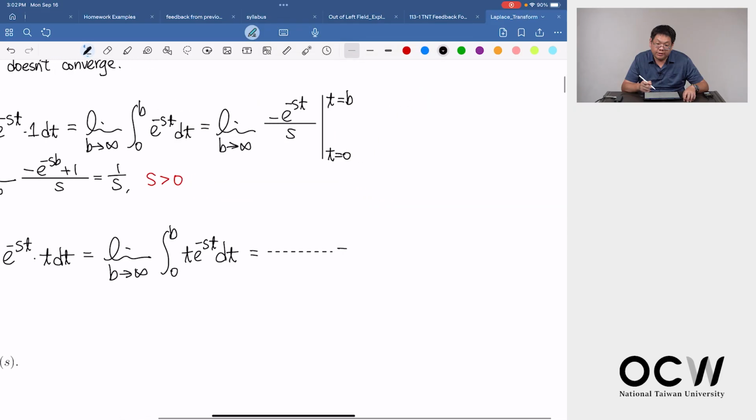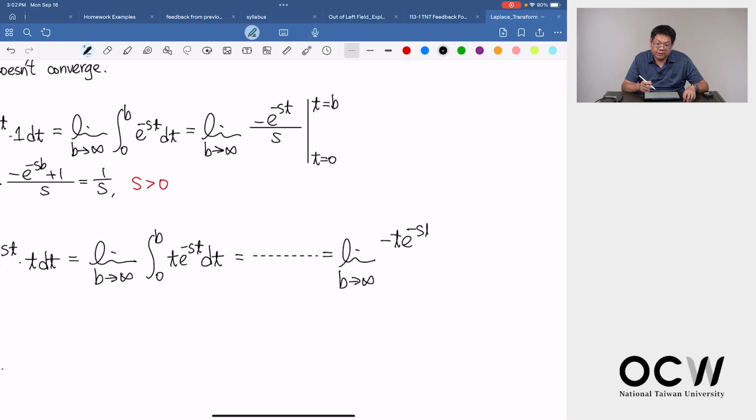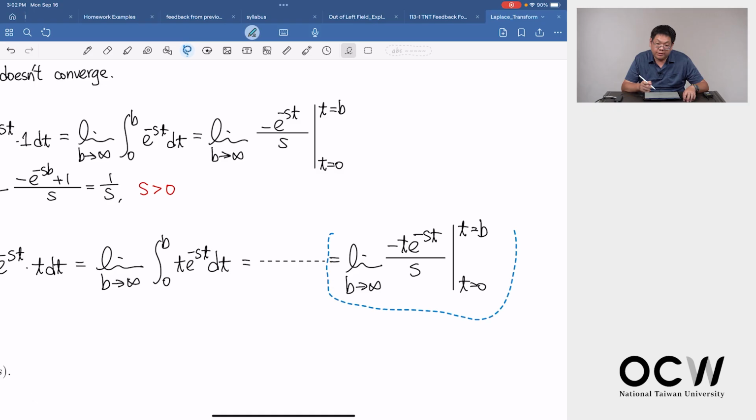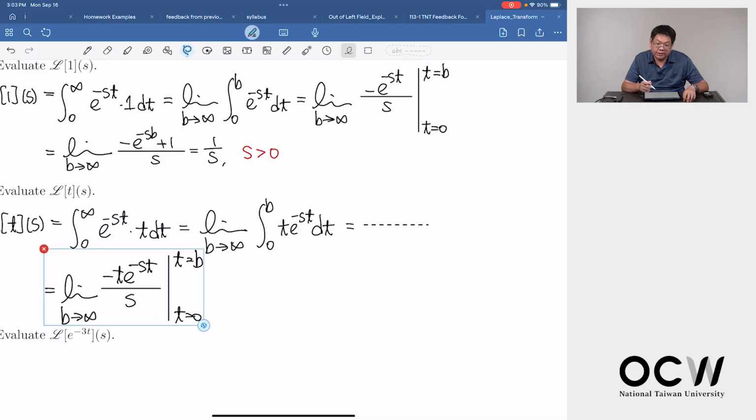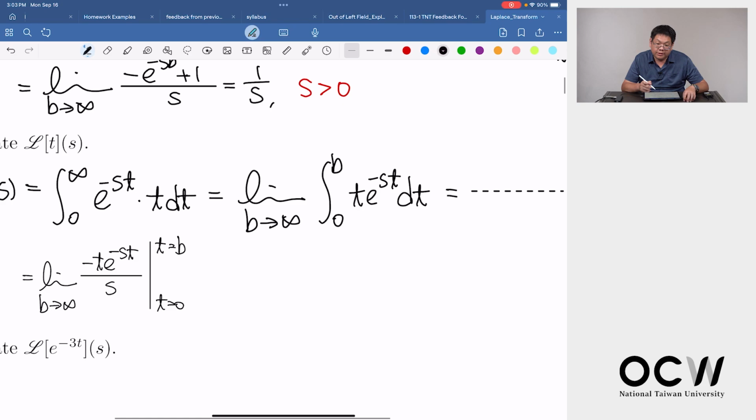We have minus t e to the minus st divided by s, t from 0 to b, and then also one more term, 1 over s, from integration by parts.